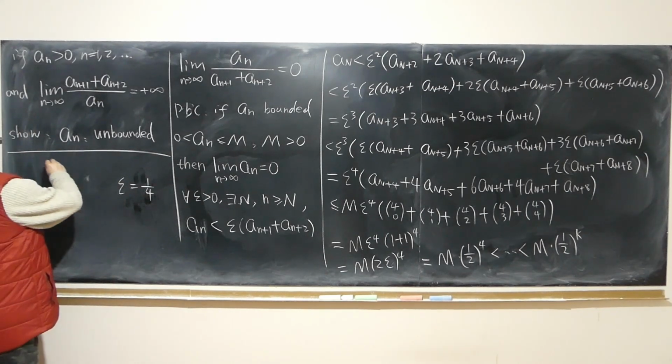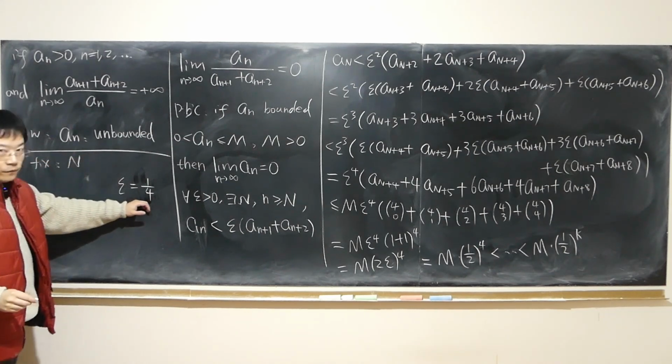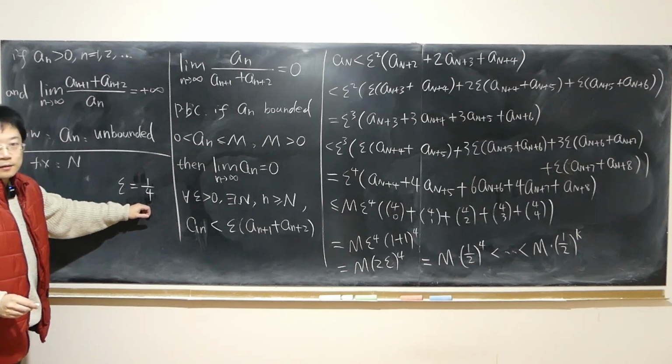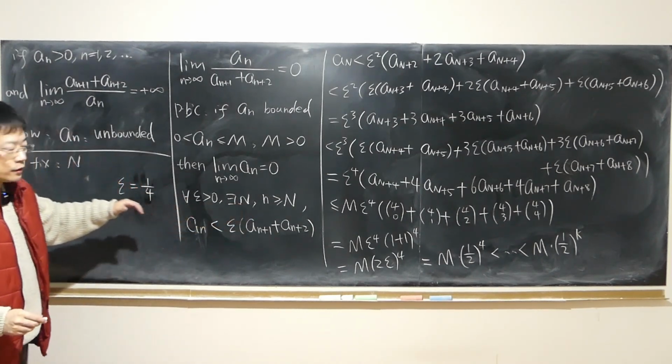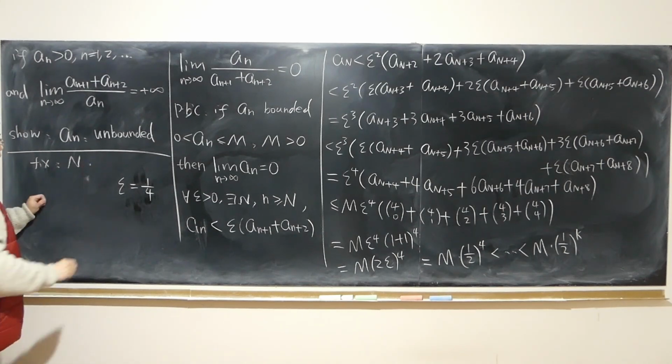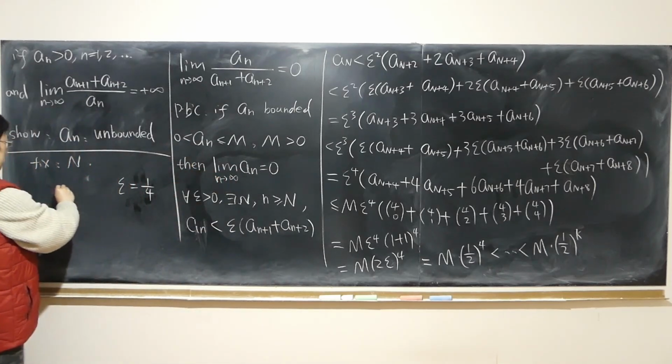In fact, let me write it down. We fixed epsilon, 1 over 4. Then we found a fixed capital N, we fix it. Then I copy this down.